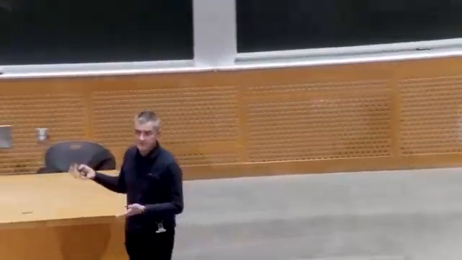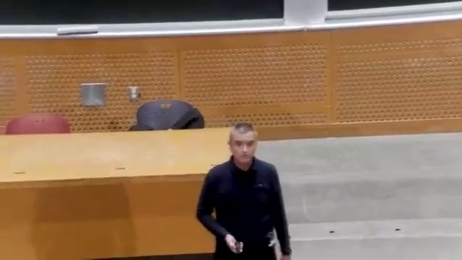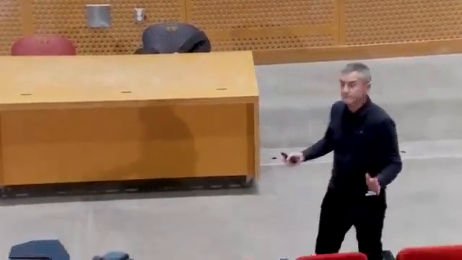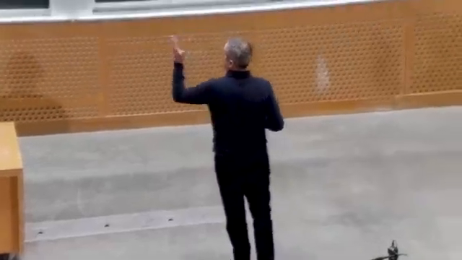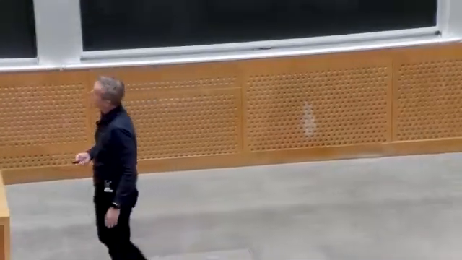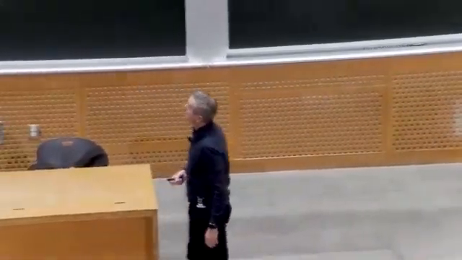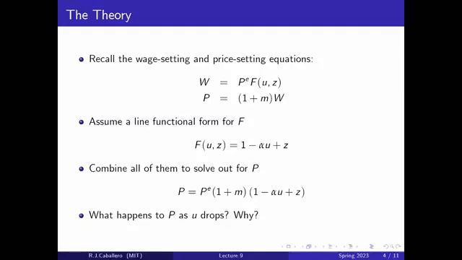But we can build some theory about this relationship using most of the ingredients we already have. Essentially, we can build a relationship that is downward sloping from those ingredients. This is the part that is a little bit of a review of the previous lecture.